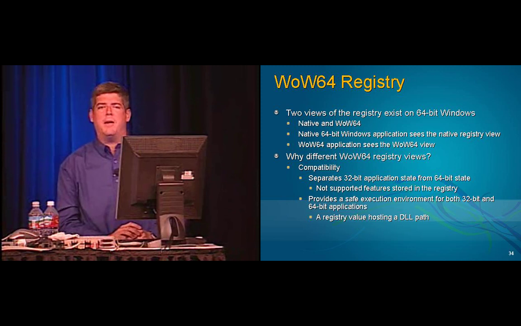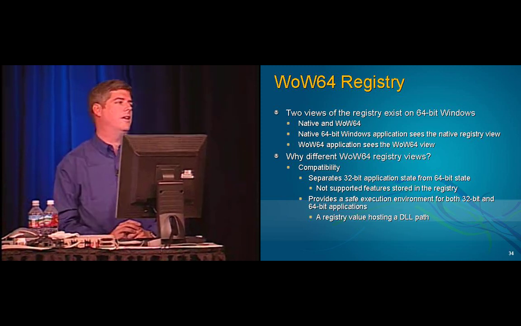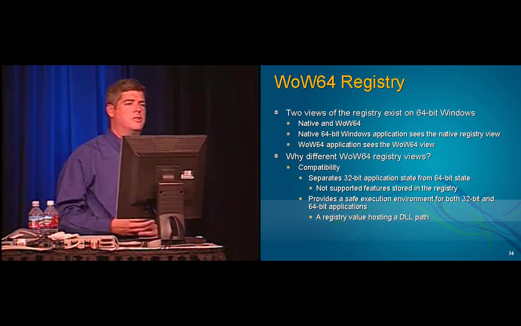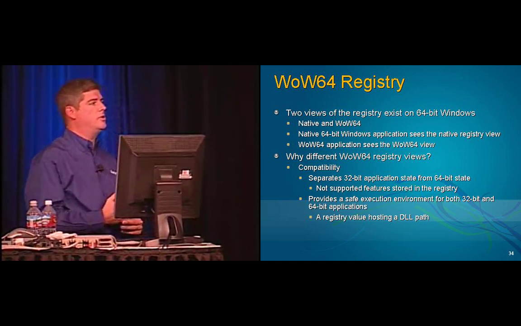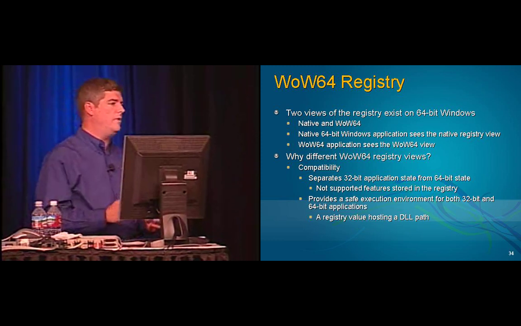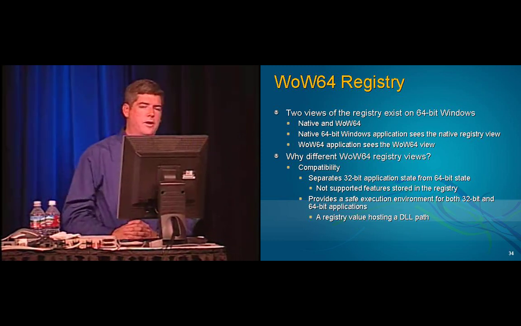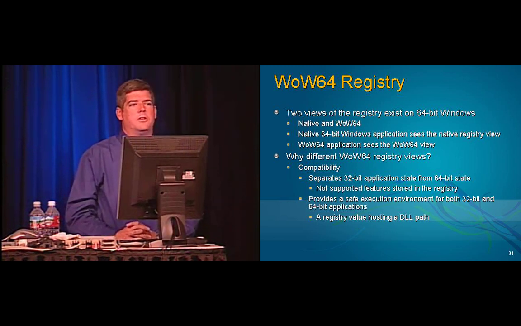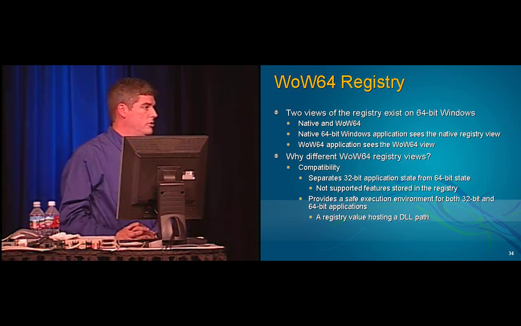Well, as applications are being ported, we've discovered that they're writing certain state about what DLLs should be loaded for extensions, or certain values, or binary encoded values that are being blasted into the registry. And the 64-bit version of the application might try and write something that's too large for the 32-bit application to read.